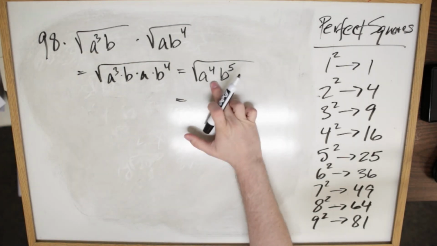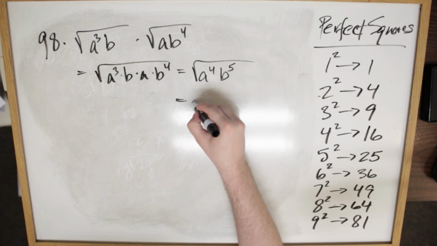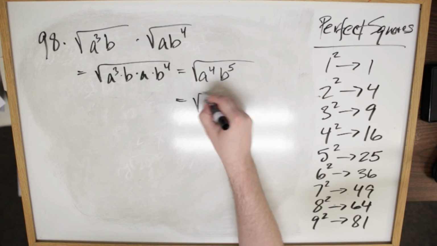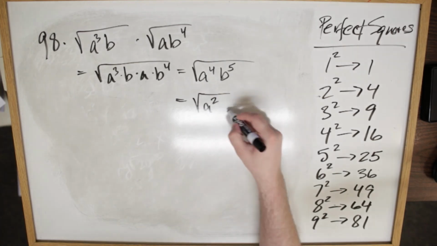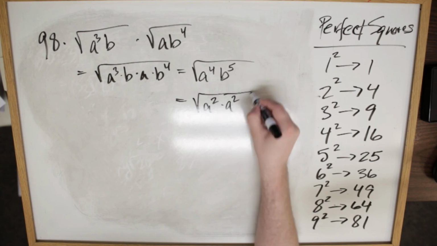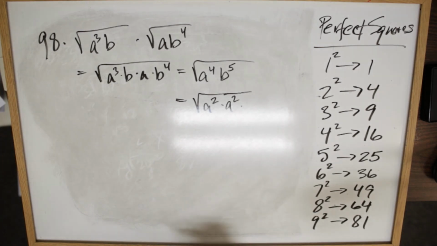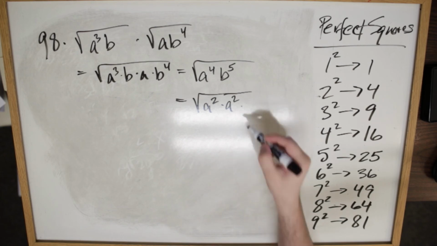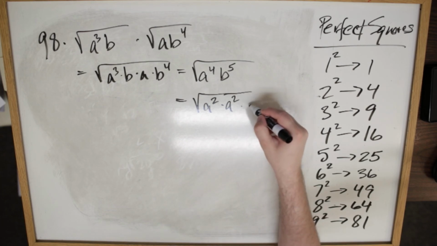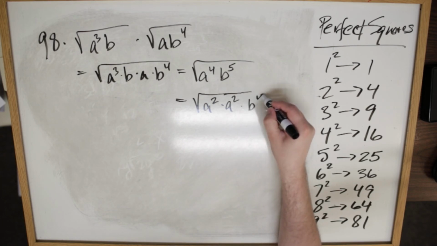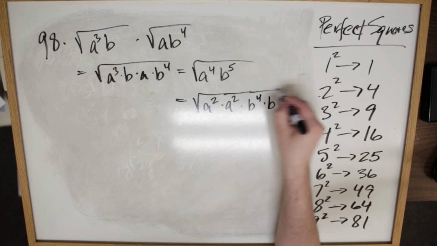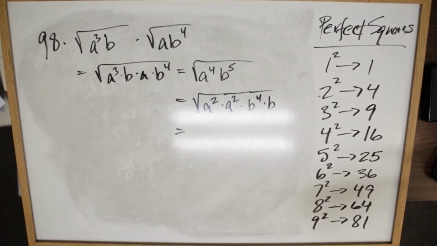So a to the fourth is the same thing as a squared times a squared. Those are perfect squares. A to the fourth technically is a perfect square. It's just a squared. But you'll see something cool happens here in a minute. This is the same thing as, we'll do b to the fourth times b, just so I can prove to you something.